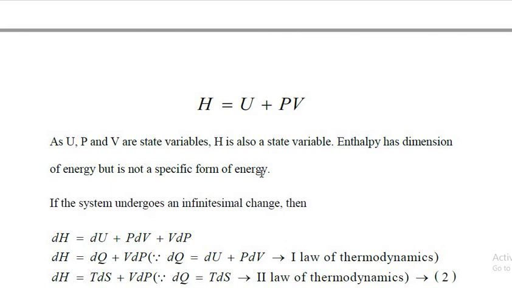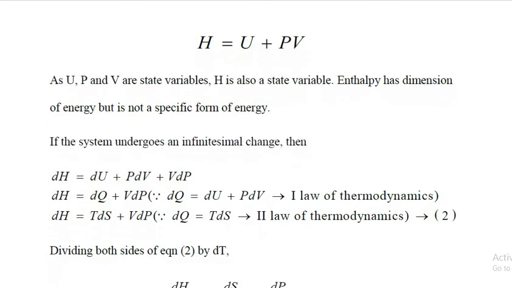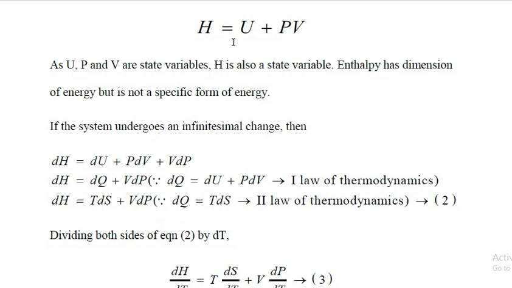Now if the system undergoes infinitesimal change, then dH is equal to, do the differentiation of this equation. So dH is equal to dU plus PdV plus VdP. What is dU plus PdV? From first law of thermodynamics, it is dQ.